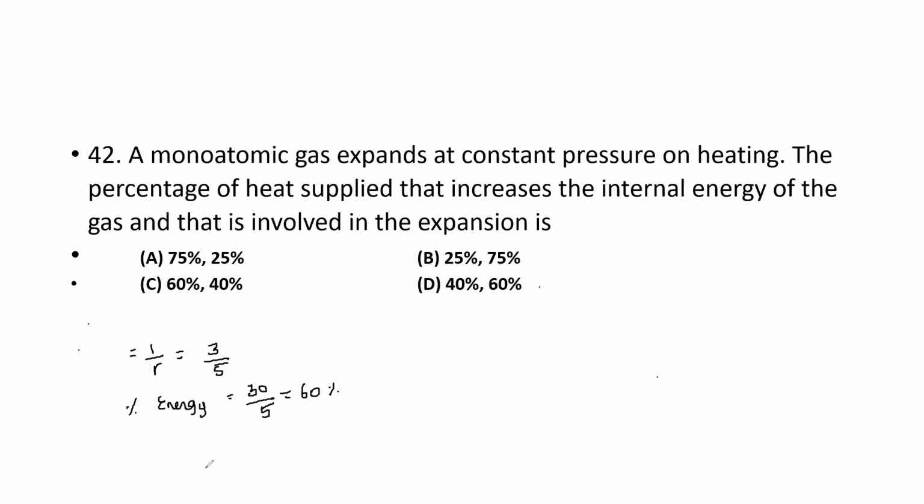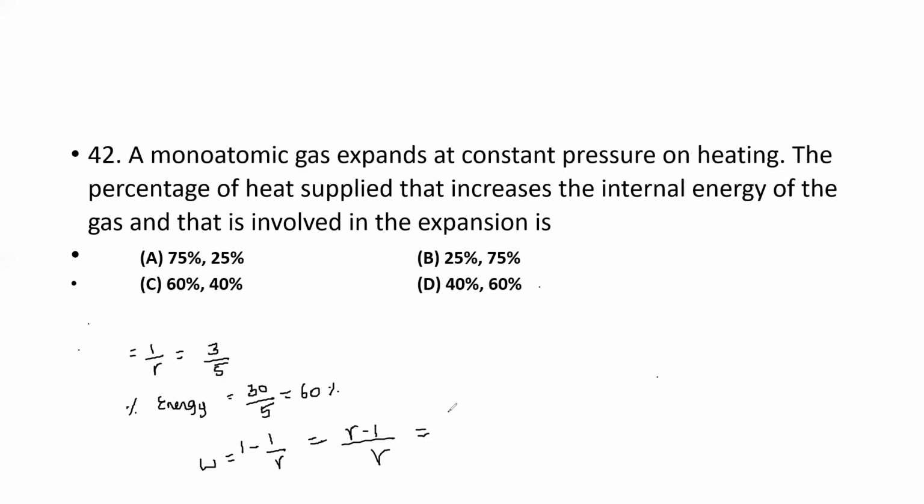For the fraction of energy supplied for work, just now we have seen the formula, 1 minus 1 by gamma, which becomes gamma minus 1 divided by gamma.